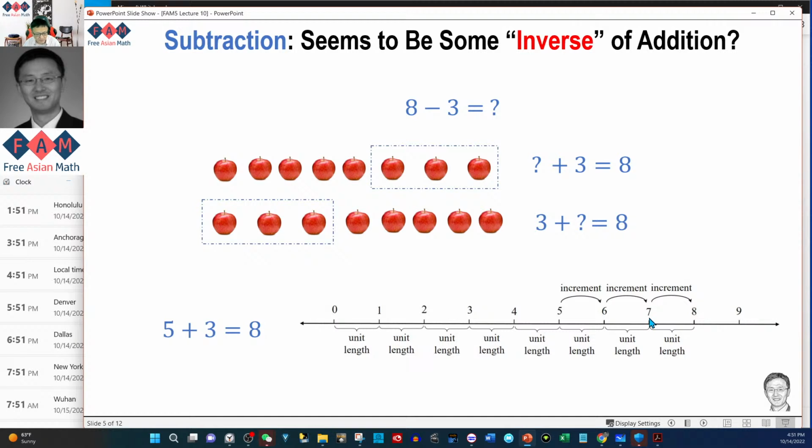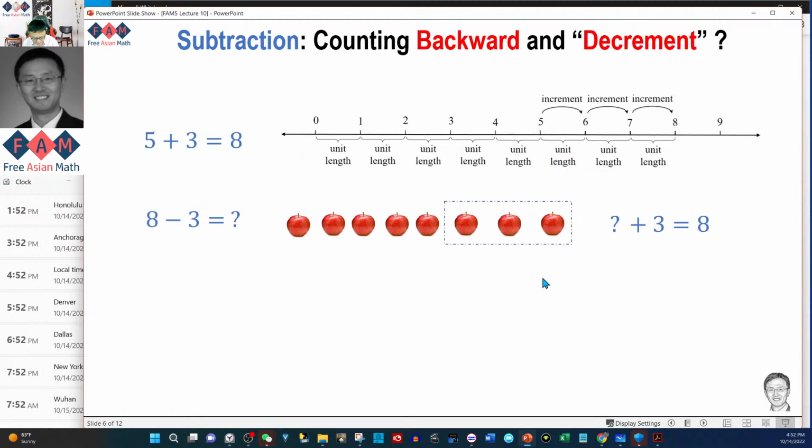And we do this 3 times: decrement, decrement, decrement, so that we can go back from 8 to 5. And that's exactly how we should define this whole thing. We should define subtraction analogous to how we define addition, but we count backwards. The counting is not forward, but backwards, using a decrement operation on the natural numbers. So that gave us something like this.